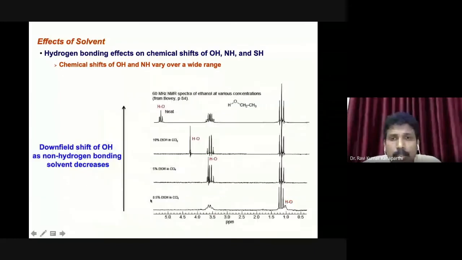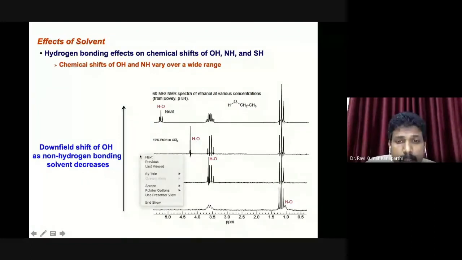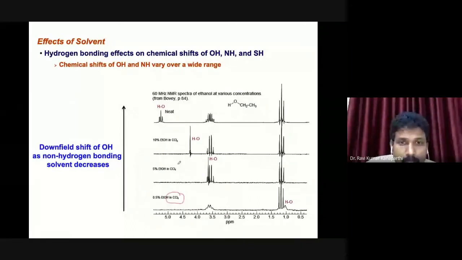Okay, so this is just to show you how the OH chemical shift of ethanol changes with respect to its percentage in a given solvent, here done in CCl4. There are 4 different instances where we record the spectrum in CCl4, and there is a neat one.